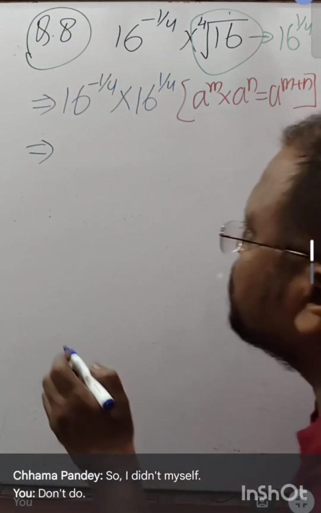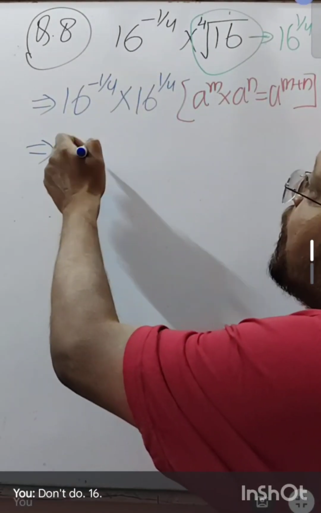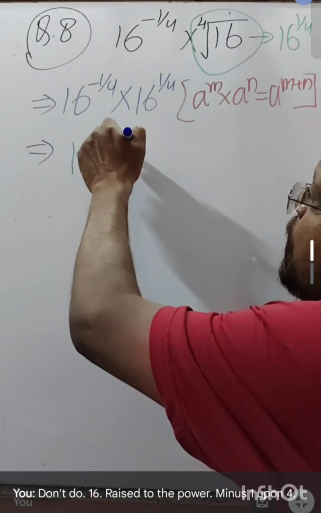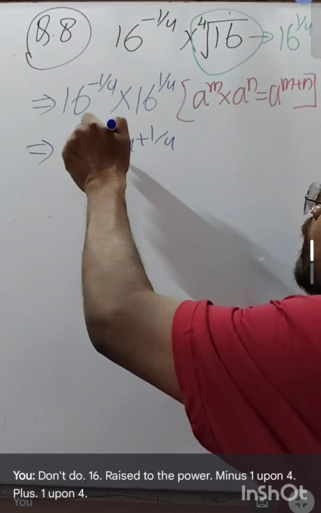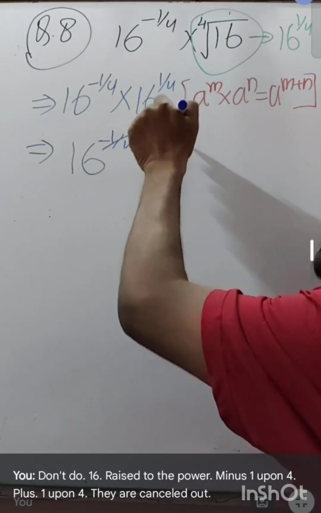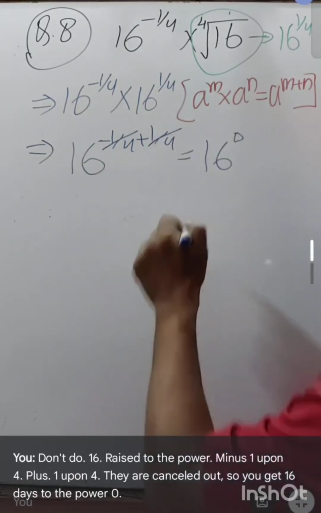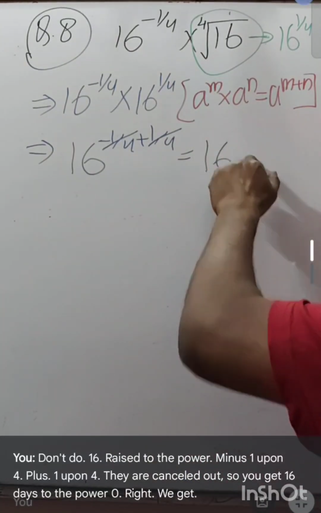Don't do that. 16 raised to the power minus 1 upon 4 plus 1 upon 4. They are cancelled out. So you get 16 raised to the power 0.